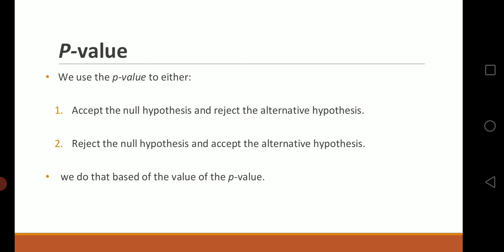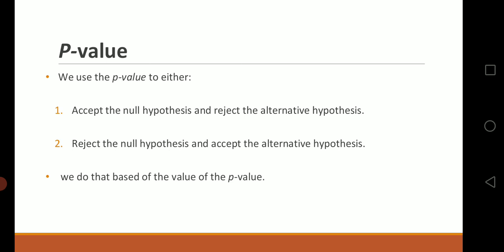We use the p-value to either accept the null hypothesis, meaning that we will reject the alternative hypothesis because they are opposites of each other, or to reject the null hypothesis and accept our alternative hypothesis.